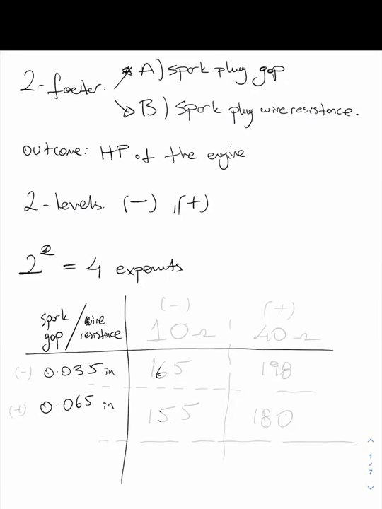And on this side you had the wire resistance, and you had 10 and 40 ohms. Okay, and you can already say that this is minus, this is plus, and this is minus, this is plus, and that means that you have done 1, 2, 3, 4 experiments, right?